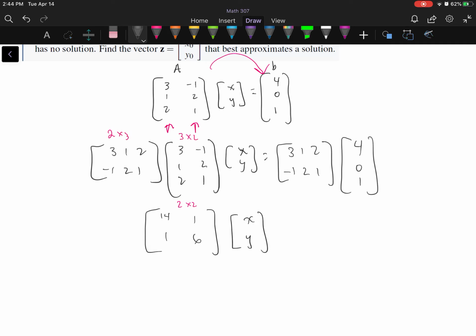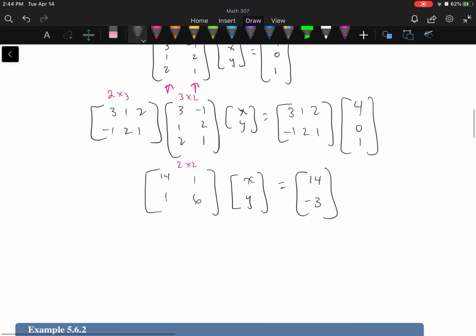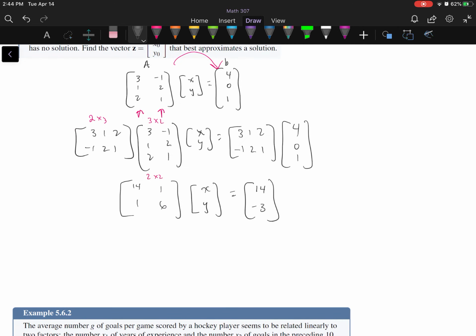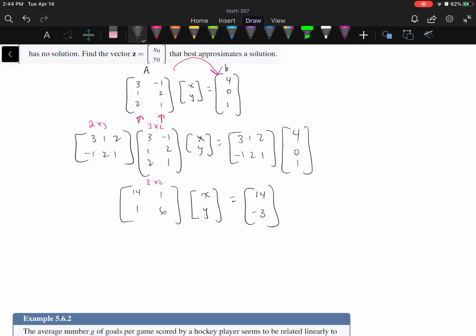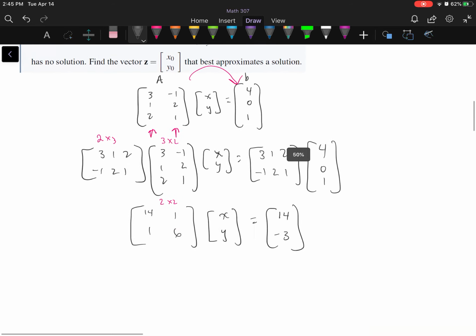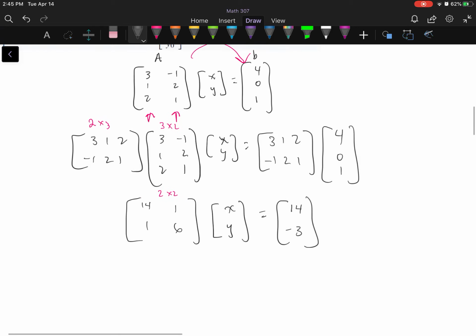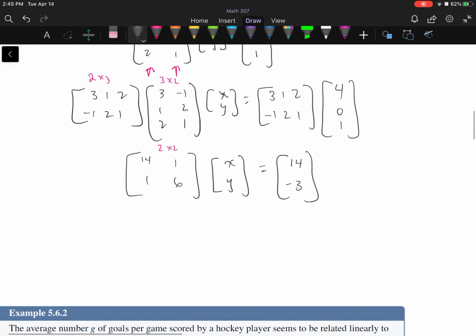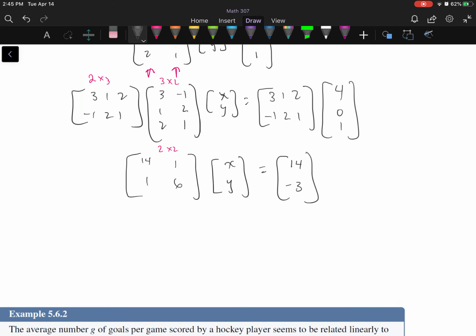So here we still have x and y, and then this is a 2 by 3 times a 3 by 1, so we're going to get a 2 by 1 vector as an answer here. This one is 14 and negative 3. And then solving this system, which has been compressed from the original system in some sense, now we can solve for values of x and y that actually get us somewhere.